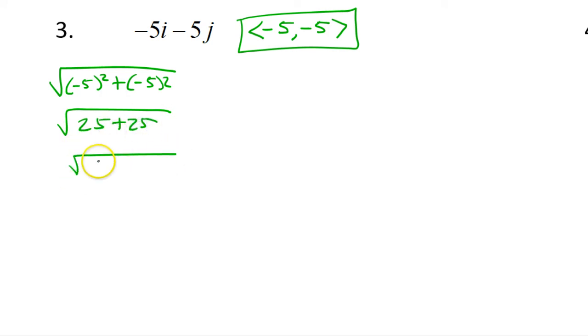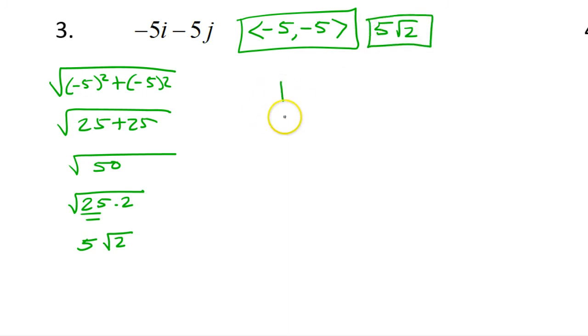That's the square root of 50, which of course is the square root of 25 times 2, 25 being a perfect square. So this simplifies to 5 root 2. So that's the magnitude, 5 root 2.